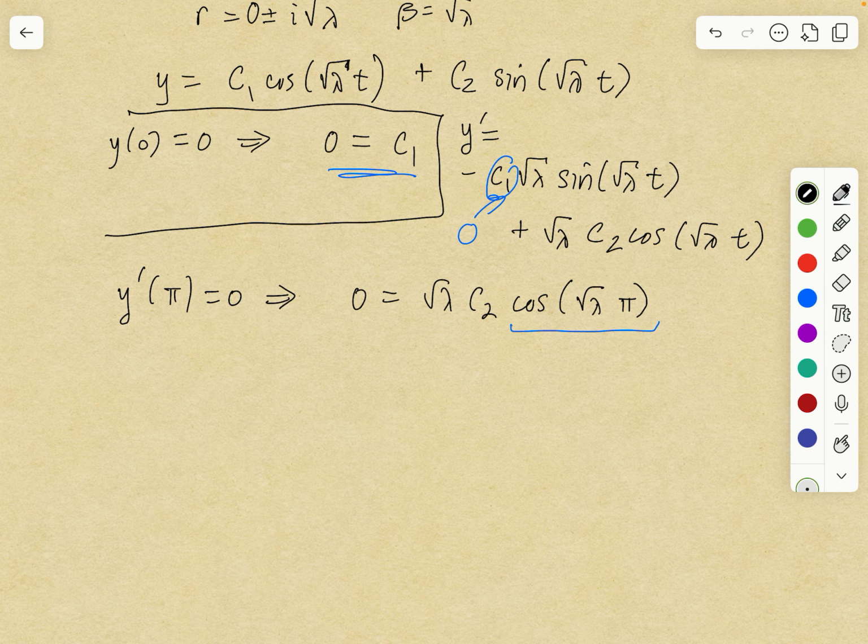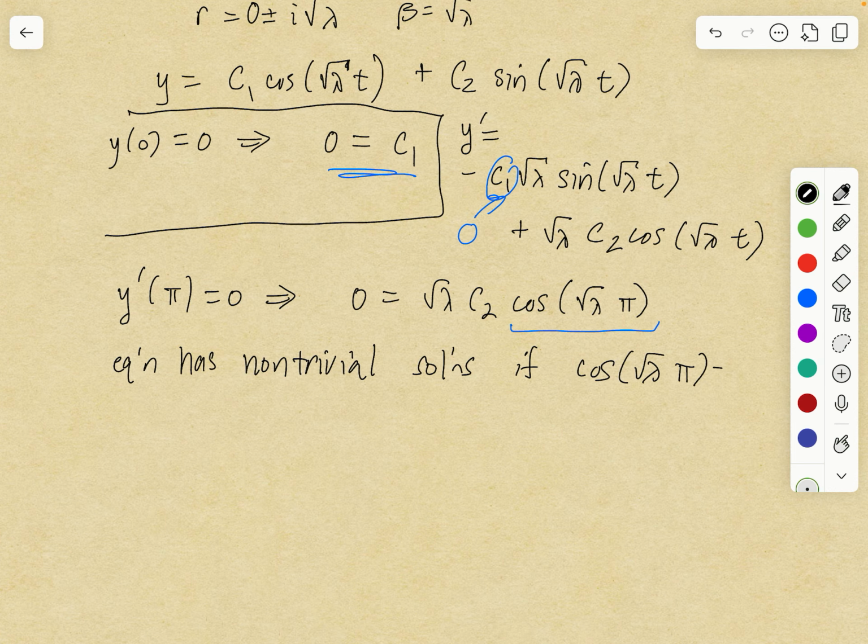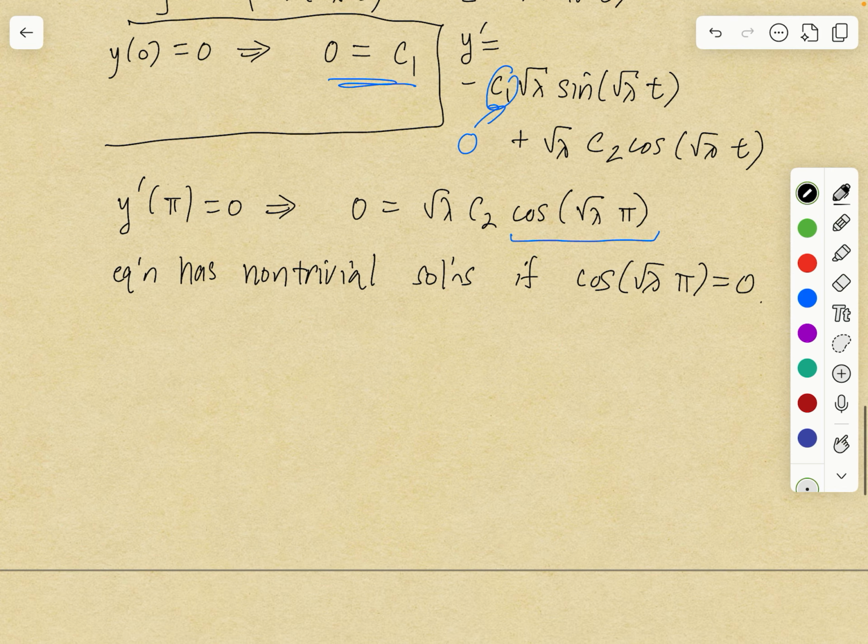So the equation has non-trivial solutions if cosine of root lambda pi is 0. Now the question is, what lambdas will make cosine of root lambda pi equal 0?